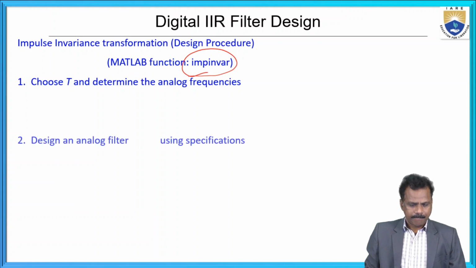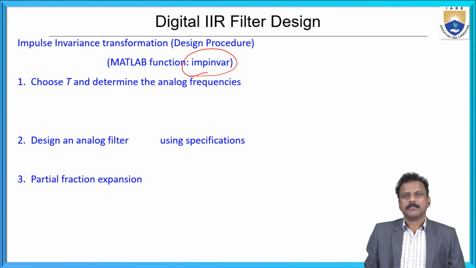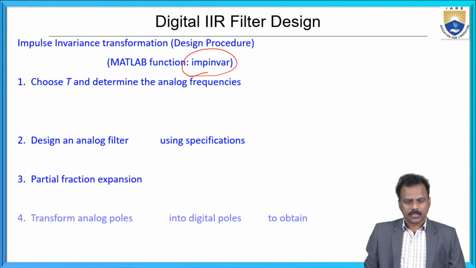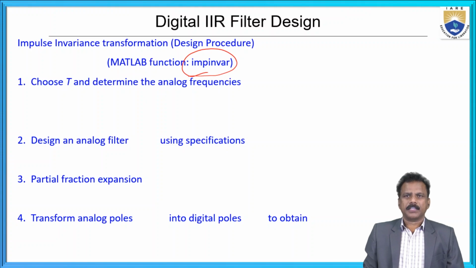Next, design an analog filter using the specification. The specifications are involved with the partial fraction expansion. After that, transform the analog poles into digital poles to obtain the result. These mathematical expressions are involved here.